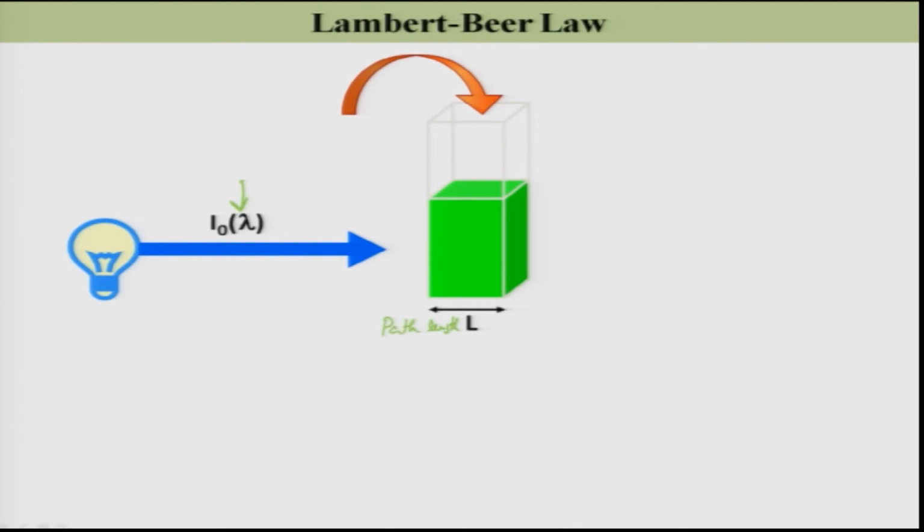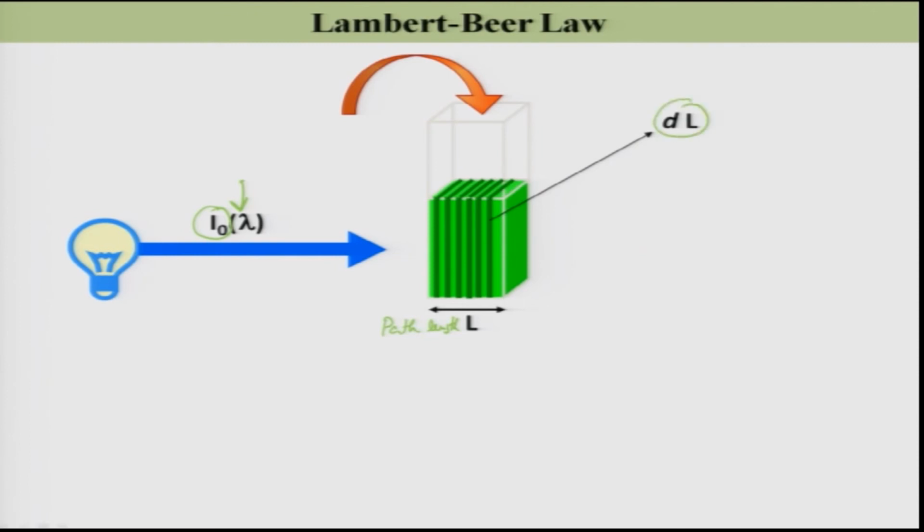This is for a particular wavelength lambda, and I have this initial intensity I0. Let us consider that this sample consists of an infinite number of thin slabs, consisting of this length L, and the thickness of each slab is dl.